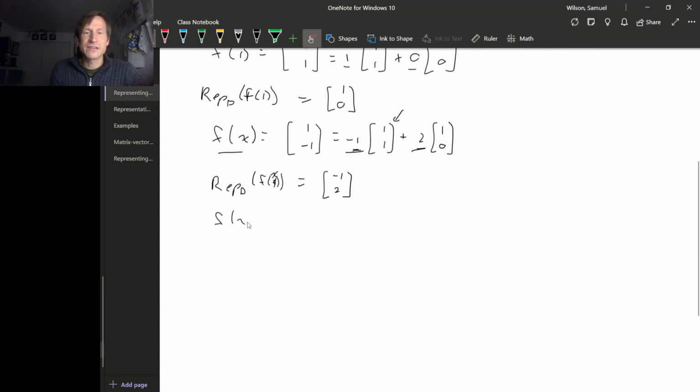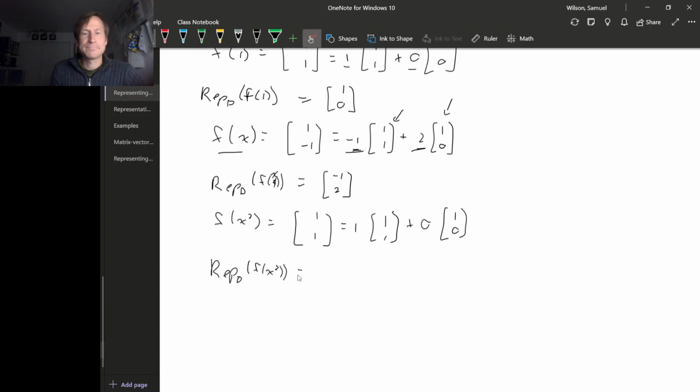So f of x squared is, remember we plug 1 into here, so 1 squared is 1, and then plug -1 into here, -1 squared is 1. Write this in terms of the basis vectors in D, so we get 1 times (1, 1) plus 0 times (1, 0), and then rep D of f of x squared pulls off these coefficients, so 1 and 0.